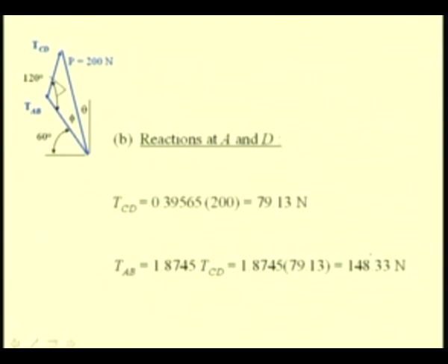So, this example illustrates solving problems on belts and finding the required friction or the tendency of slippage between the belt and pulleys. We will see some more applications in the next lecture.